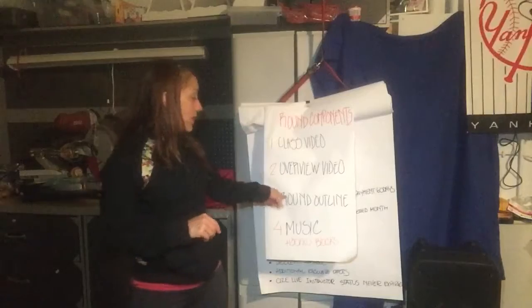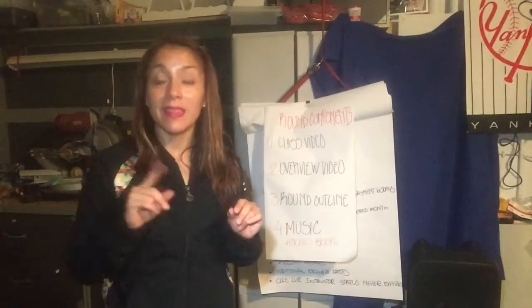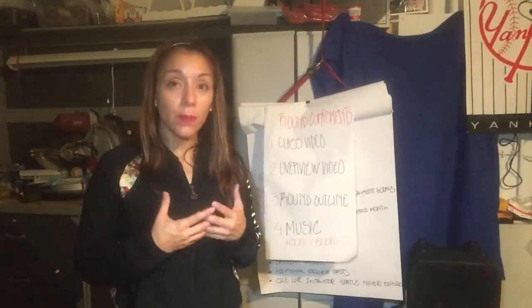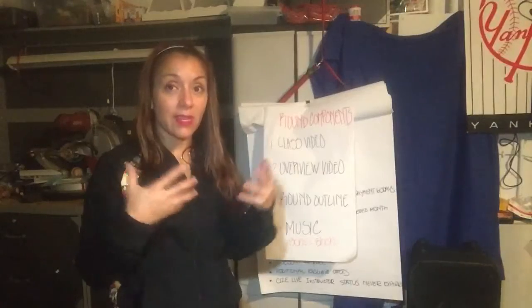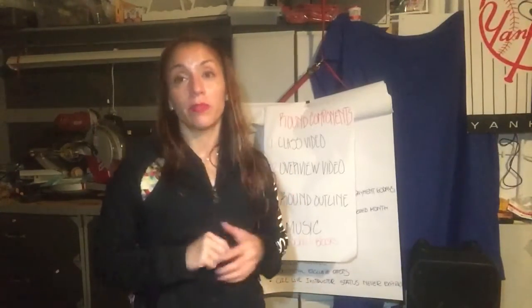This other component, the round outline, maps out the class, the cueing, and the music. It will help you to see how they blend together to make it an amazing performance for you.